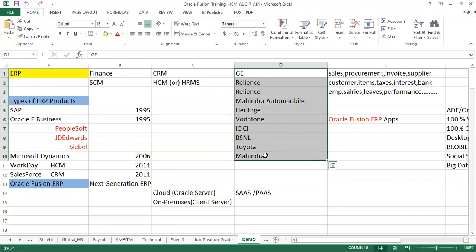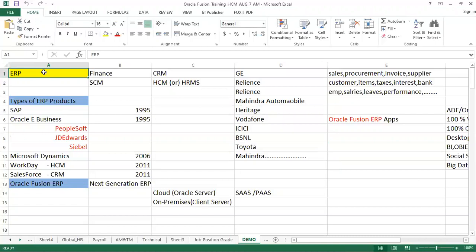If they are doing some business, to maintain their day-to-day business transactions, either sales or procurement or payables or their employee data, employee salary data, if they want to maintain all these transactions in a single software, then they'll be using ERP software. ERP stands for Enterprise Resource Planning.